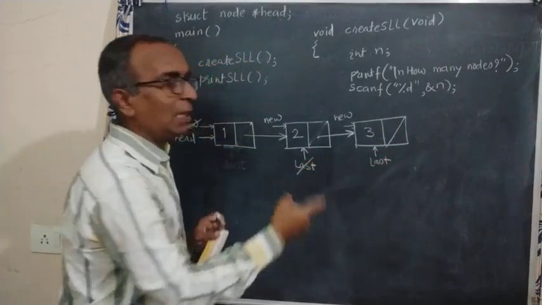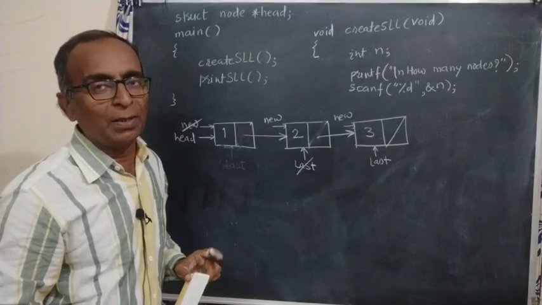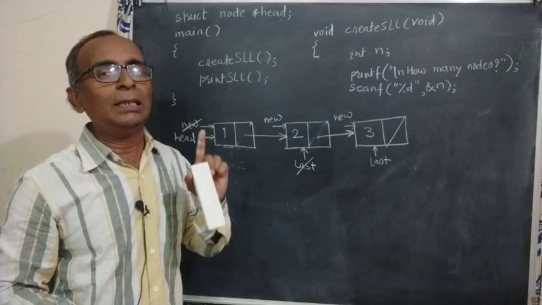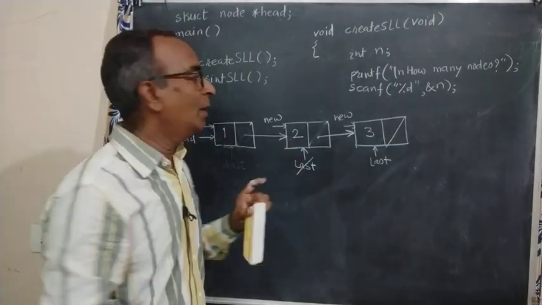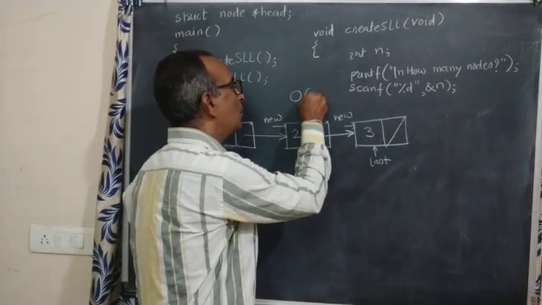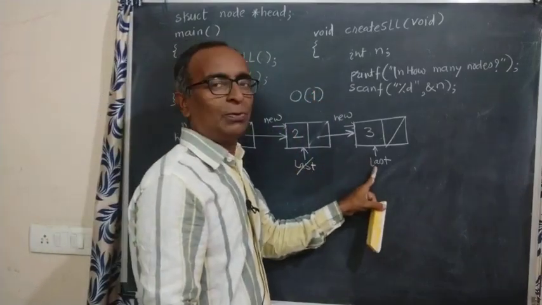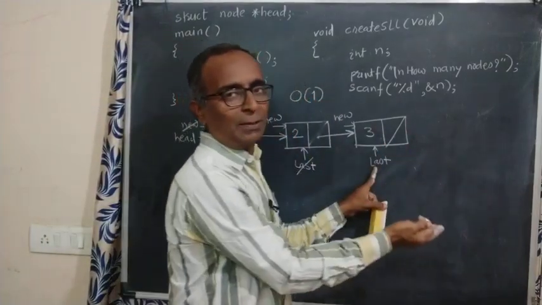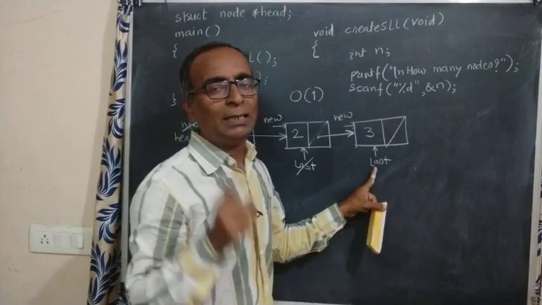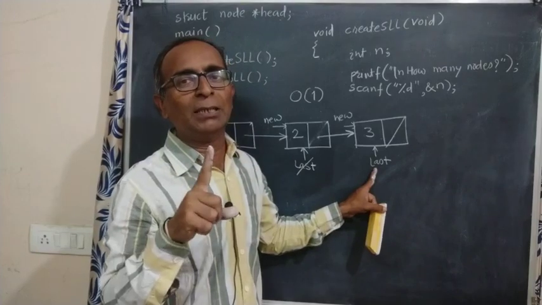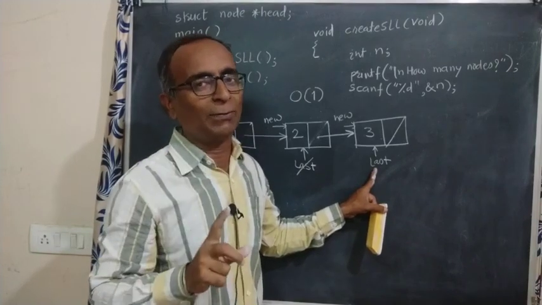See, by keeping last node's address, we are inserting a node at end in big O of 1 complexity, in worst case. Because last you know, after which we want to insert. As always we have seen in insertion case, if you know predecessor node's address, then insertion will be done in constant amount of time.